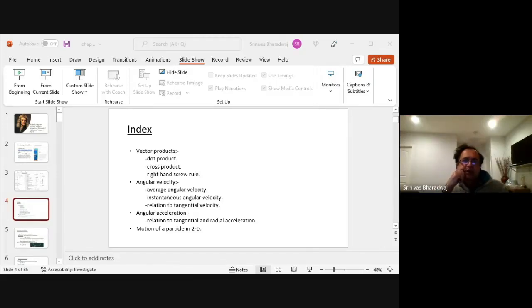So A cross B is usually calculated if you have two vectors A and B. We did A dot B, which produces a scalar, just AX BX plus AY BY plus AZ BZ. In this case, A cross B is calculated by drawing a determinant: I J K, AX AY AZ, BX BY BZ, and then you evaluate the determinant.